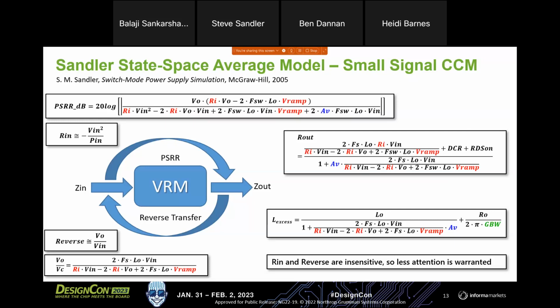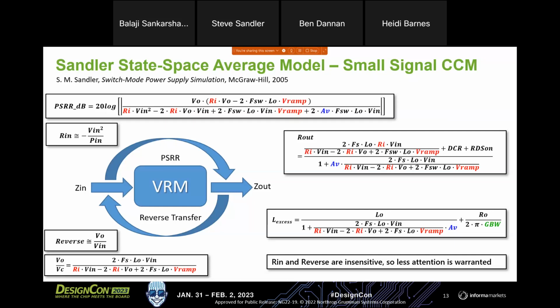If we need to solve for two unknowns, we need two equations, and that means we can choose any two of these. I chose output impedance and PSR because those are generally very easy to get. One has the most direct relationship to PSR, to VRAMP, and the other has the more direct relationship to RI. But in theory, we could use any two measurements of the converter in order to solve for these two unknowns, RI and VRAMP.